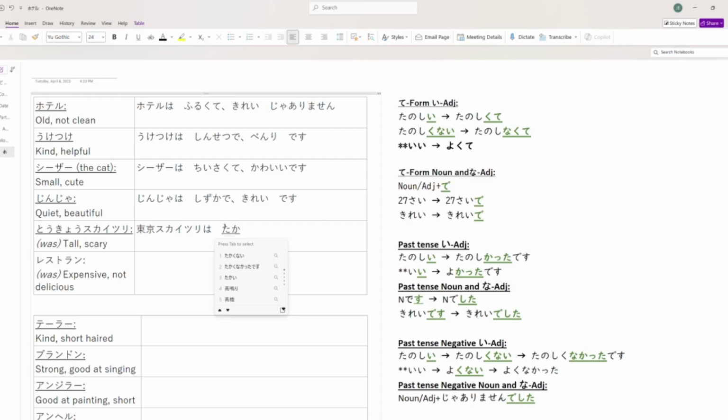Takakute. And then scary is kowai, kowakute. And then we're turning this into past tense. Kawakatta desu. Kawakatta. I wanted to carry over that same ku sound.